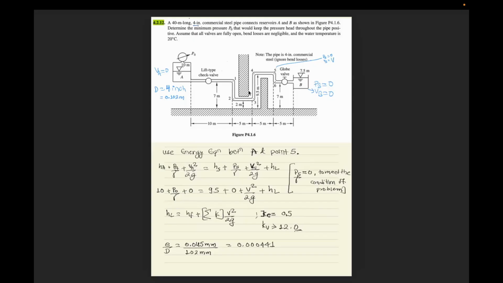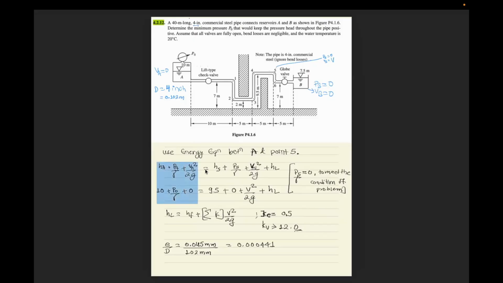This is typically at the highest elevation point that's farthest from the pressure source. From here, it is point 5, which is the highest point. The height of point 5 is 9.5 meter, and it has accumulated more head loss than point 4. Now let us set up the energy equation for point A and point 5.